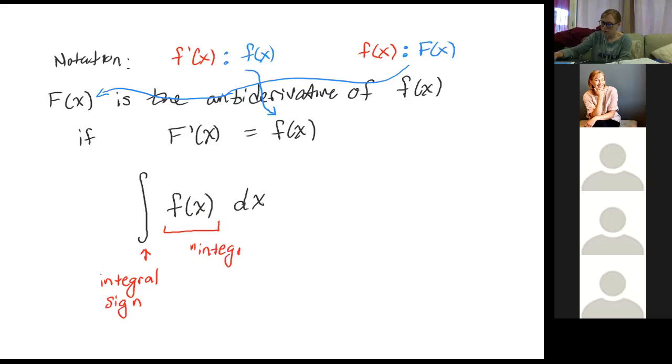And even though it's not notated with the prime notation, as mentioned, you can think of that part as a derivative that we want to find the antiderivative for.